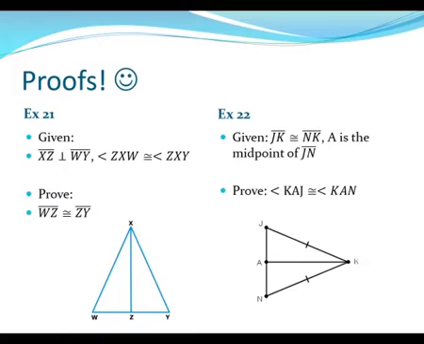In order to use CPCTC, somewhere in your proof you have to show that your triangles are congruent. In most cases, right before we use CPCTC, we need to show that the triangles are congruent using one of our shortcuts: SSS, SAS, ASA, and AAS.